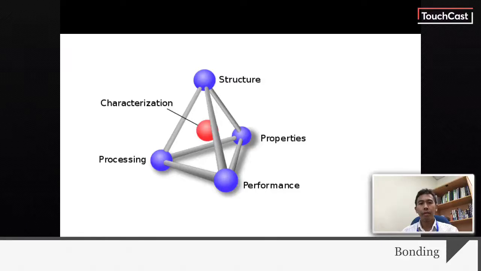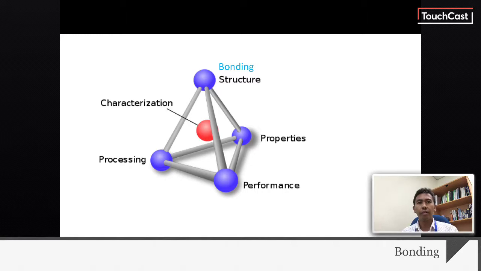Bonding. In this section, we will explore the structure of materials, considering types of bonds that form between atoms is important.